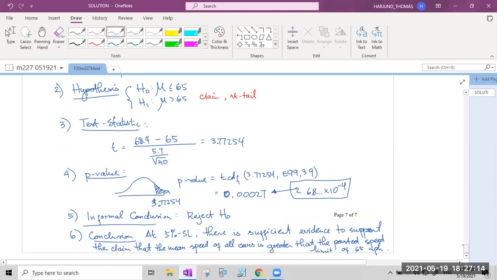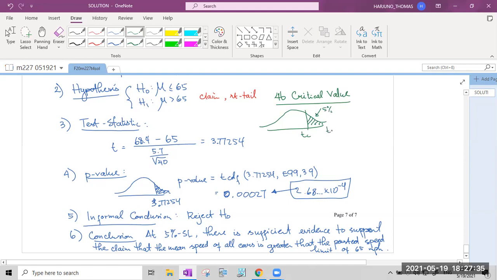Okay. Extra credit. How about the critical value? T critical on the right tail, the area is 5%.